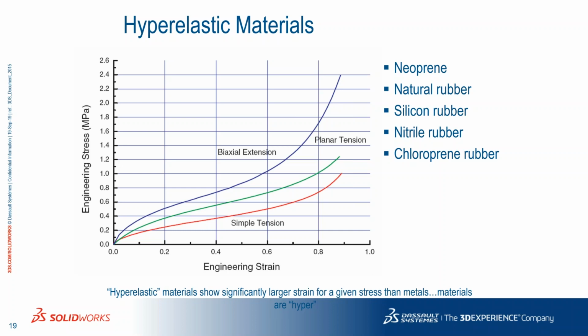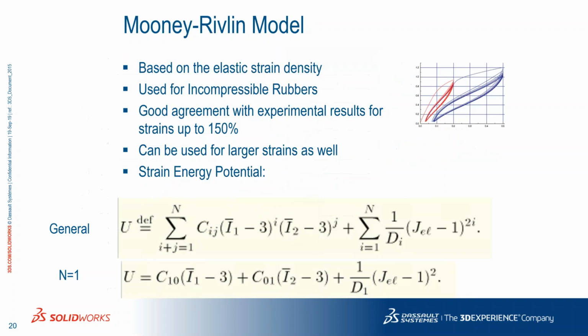So with those three curves, we have defined the material, but then we have to input this kind of data into a model. To understand the model, now I'm introducing the Mooney-Rivlin model.